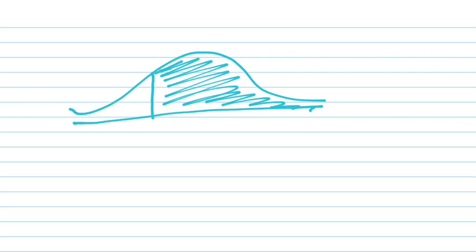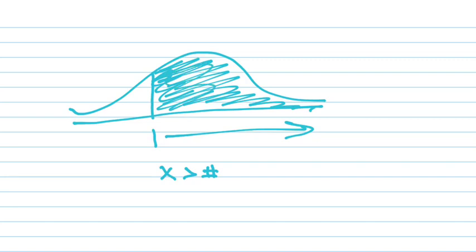Do you agree? If the shading is on the right, then we're talking about an x value that is bigger than some number. Because we're shading bigger than whatever this x value is. Again, I don't care about the numbers. I just want you to tell me where the shading is.